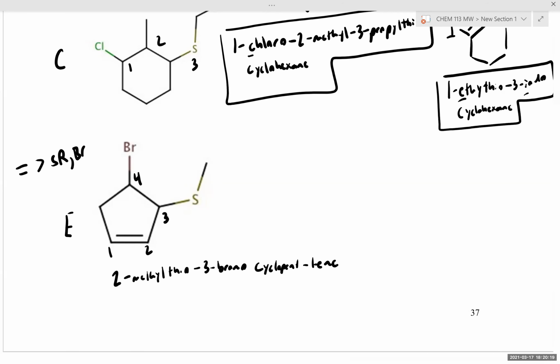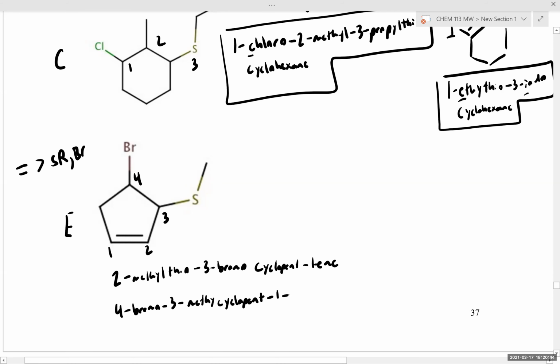So we have a proposed name of 4-bromo, 3-methyl, cyclopent. And although you wrote it as cyclopentene, to be technically correct, it's best to include the locant number for the alkene.